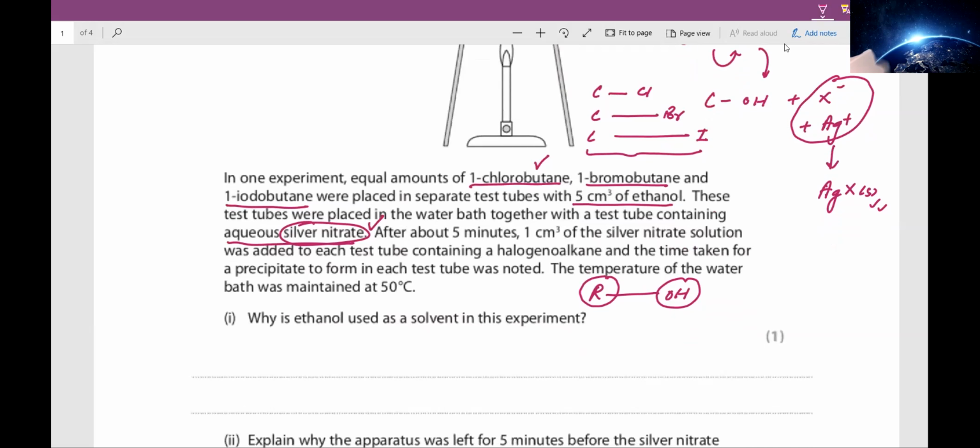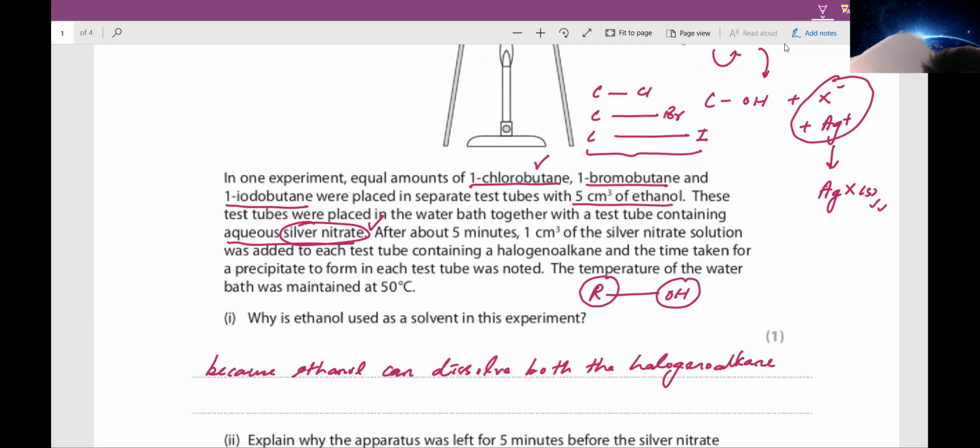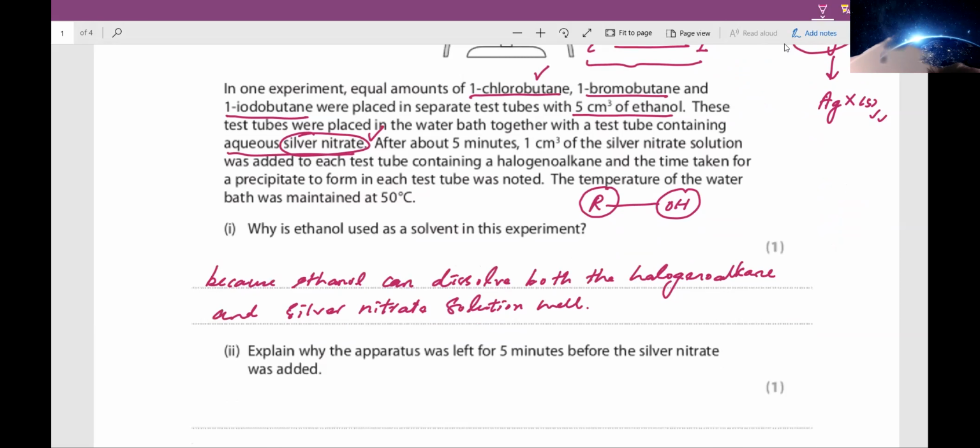So you can say, because ethanol can dissolve both the halogenoalkane and silver nitrate solution well, okay?